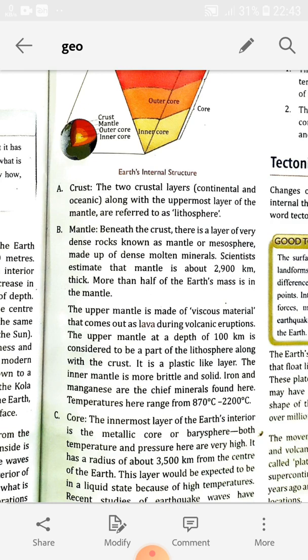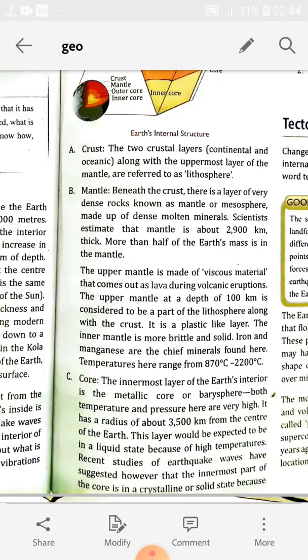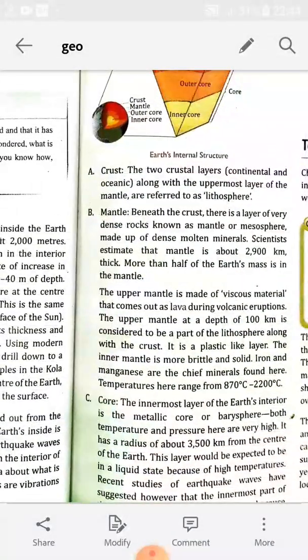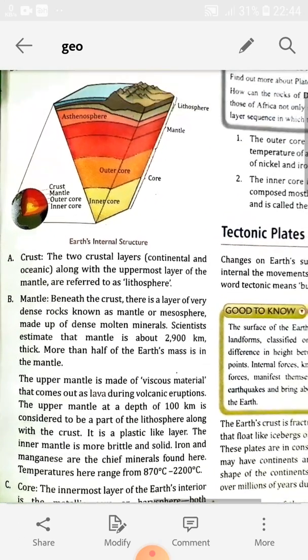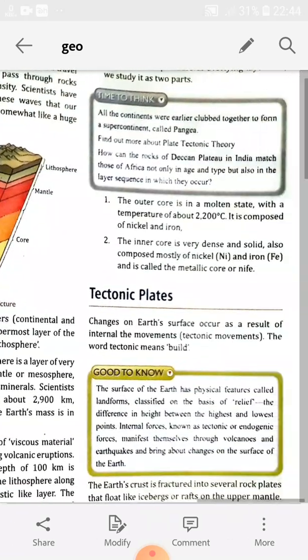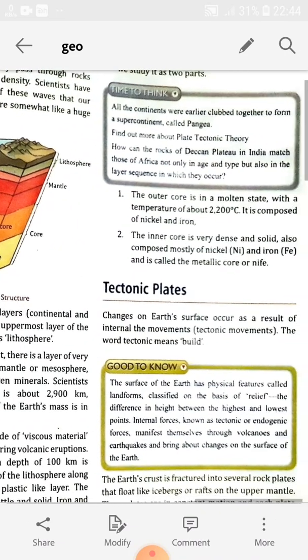That's why we study the core as two parts, where the outer core is in a liquid state. The outer core is liquid, and the inner core is solid or crystalline, because as per the study, the innermost part is solid. So here it is given in points also.